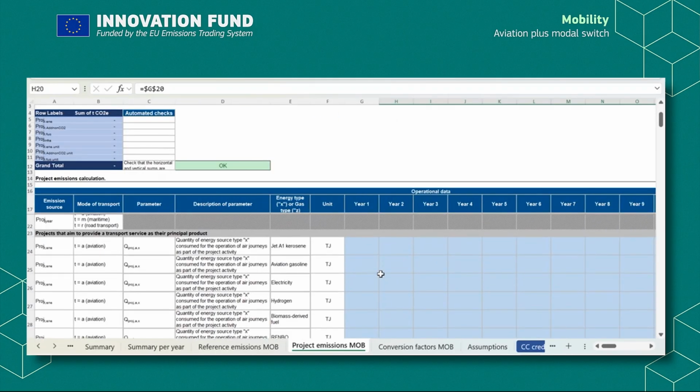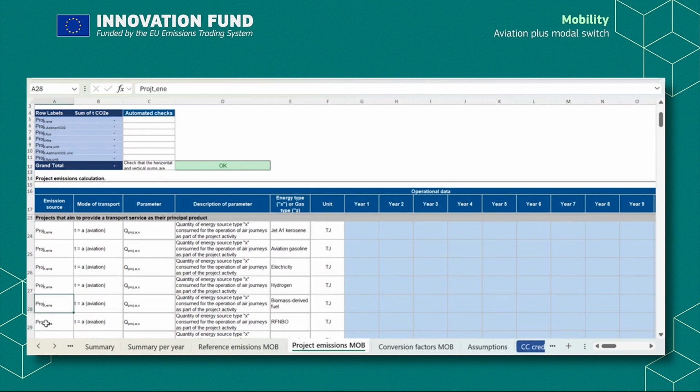We will start by calculating the parameters relating to the flights in the row specified for aviation, identified with T=A in column B. In this example, we will add calculations to row 24, row 28, and row 32.